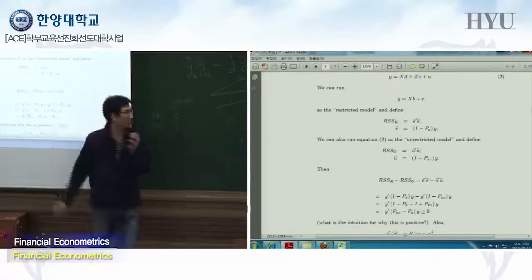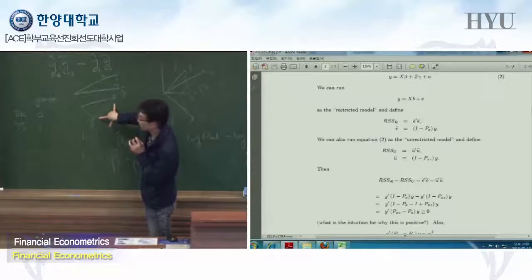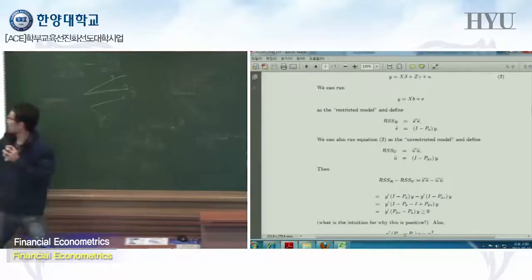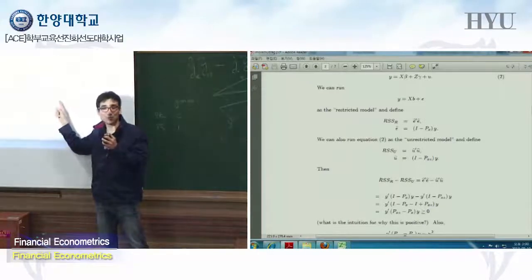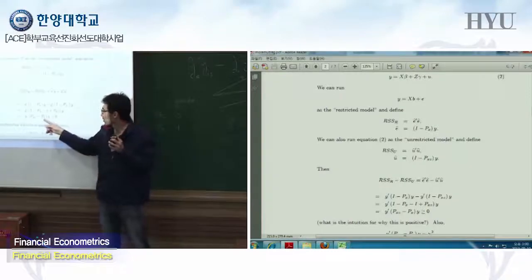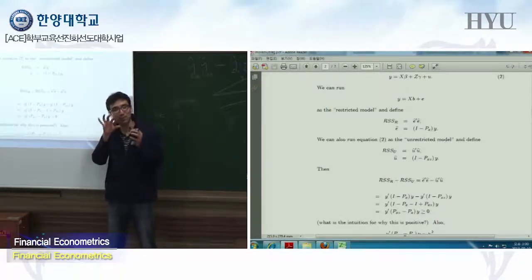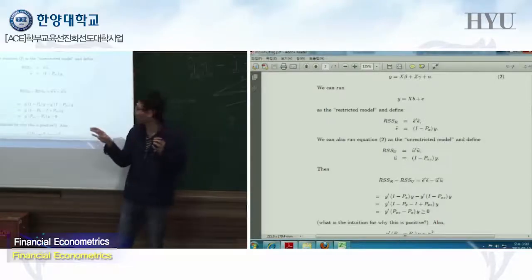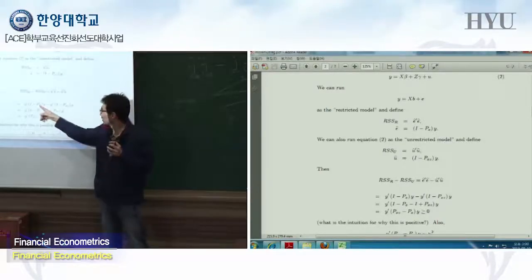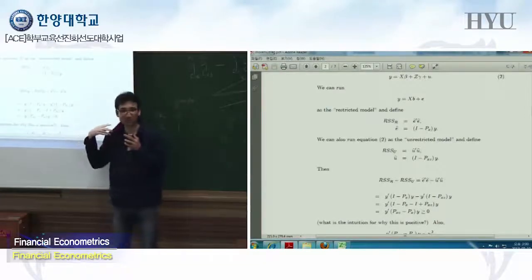So yes, this one is smaller, right? Again, this one is the square of the large thing and the square of the small thing. Even if we use the first one, this should still always be positive, right? In this case, we are comparing the space spanned by x and z with the space spanned by just x. And it is opposite: the null space of x and z and the null space of x. Right?